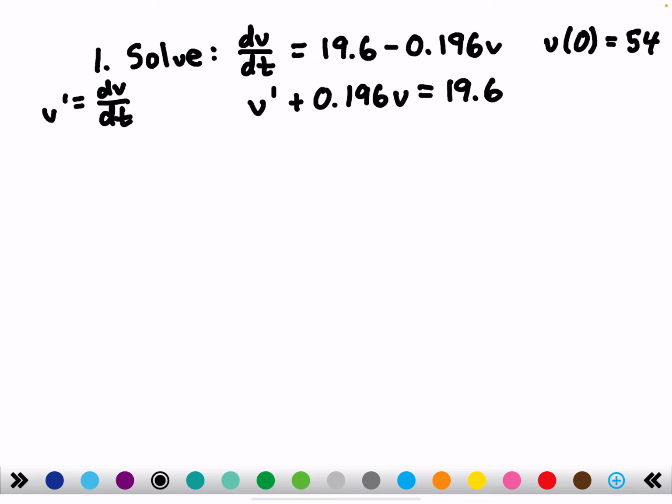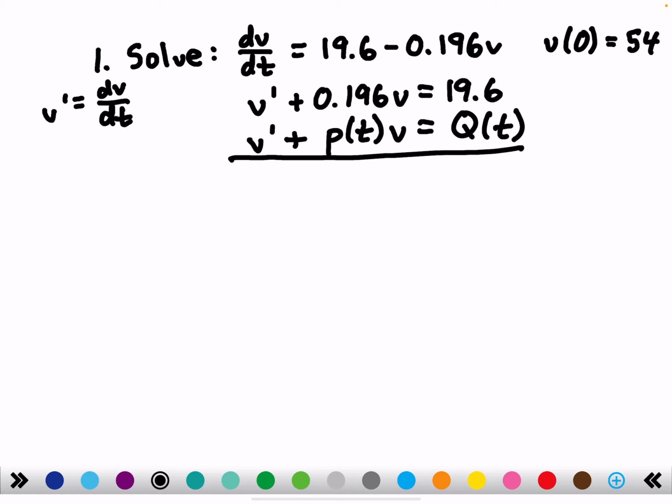Next step, we need to identify p sub t and q sub t. So here is the general form of this equation. p sub t is 0.196 and q sub t equals 19.6.